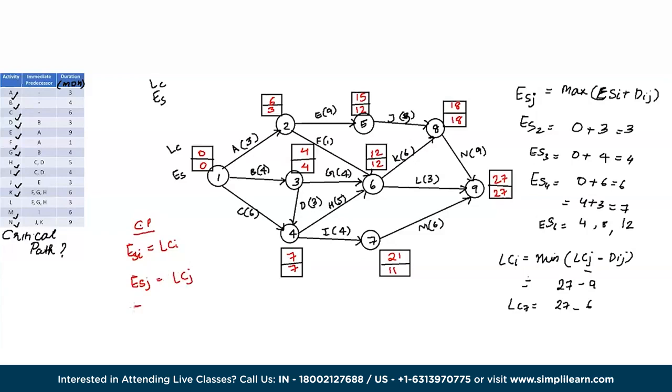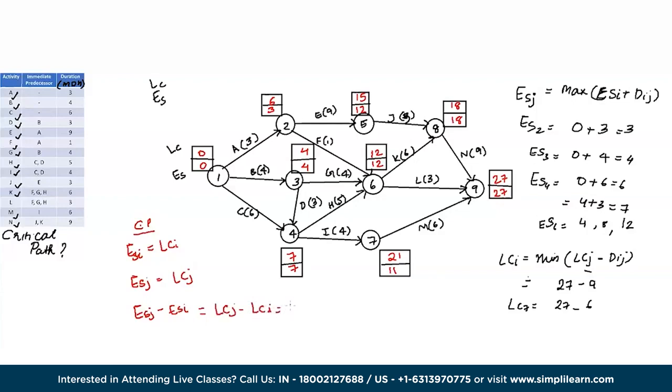And finally, the earliest start time of the second node, which is the head node, minus the earliest starting time of the tail node should be equal to the latest completion time of the head node minus the latest completion time of the tail node.